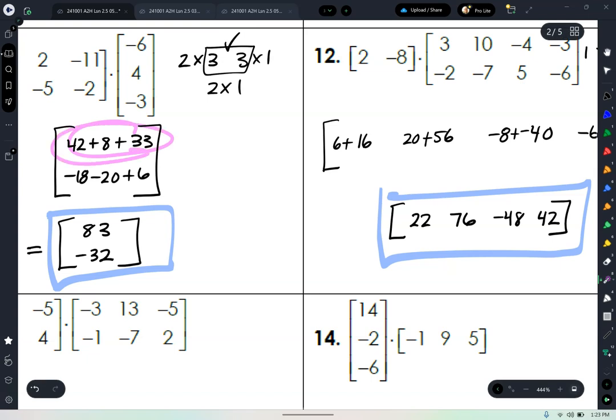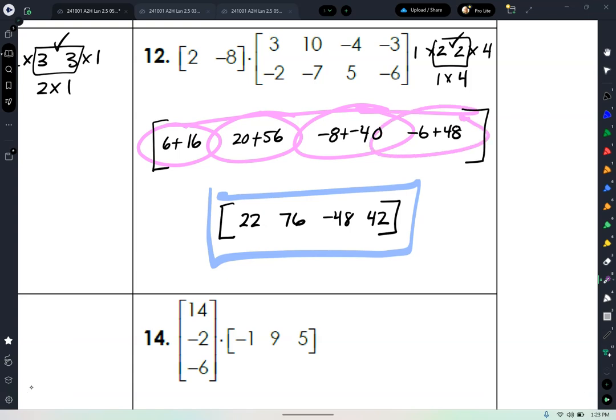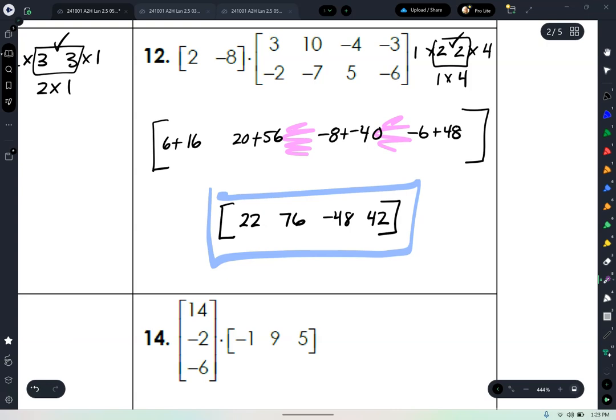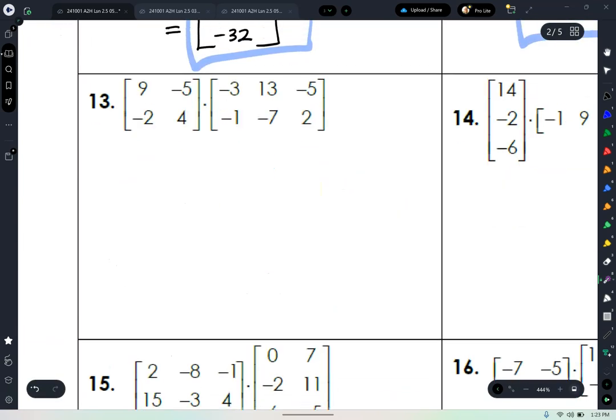This is one element right here, because this is going to end up being a 2 by 1. So this math problem is one element, but this is a set of separate elements. Keep some spaces in between those so it's clear in your work when you're doing your addition problems, so you're making your elements very clear. And again, if you want to use the circles, you're welcome to do that. All right, you're working on 13. Go for it.